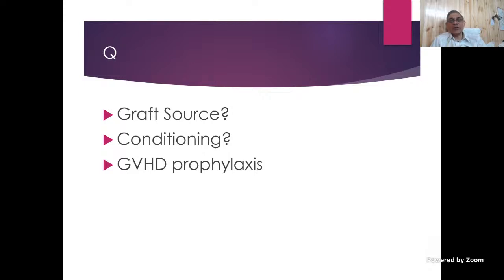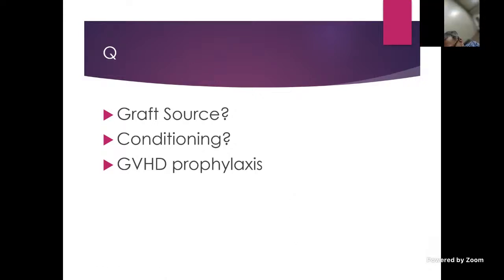And the discussion which Dr. Rajan had initiated about conditioning, we can just skim over it again, MAC versus RIC. I think if Dr. Narinder is not there, Aryant, can you give your take on the graft source?